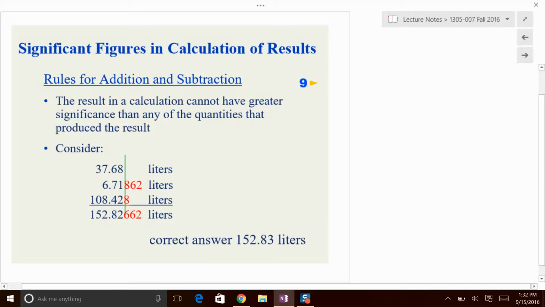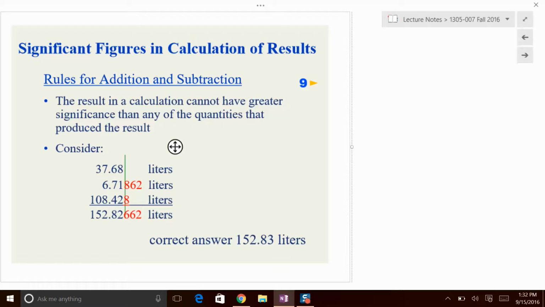Now, if I am doing a calculation with numbers that have significant digits in them, and it's addition, then the way I'm going to do the addition is I'm going to line them up by decimal place. I perform the calculation, and then I will cut it off, just like they're showing me here, to the number that has the least significant digits after the decimal.